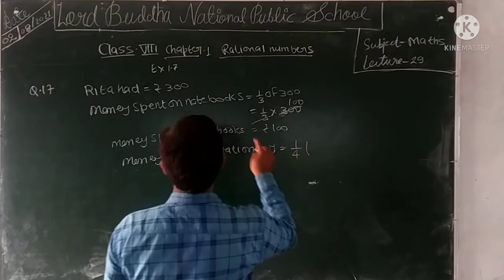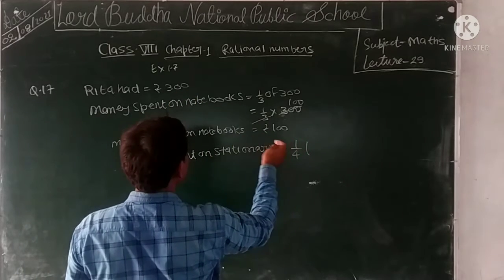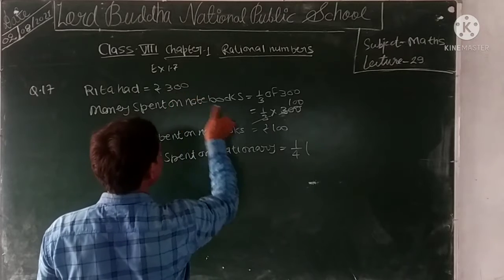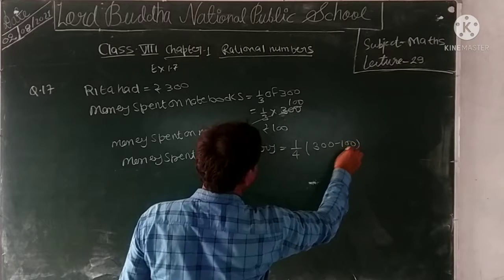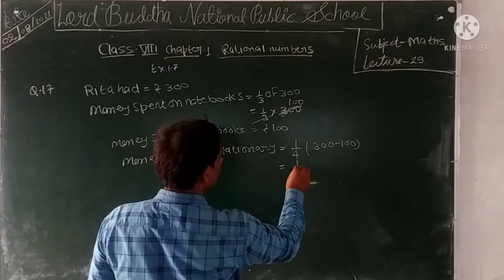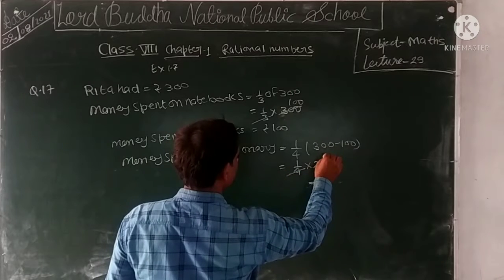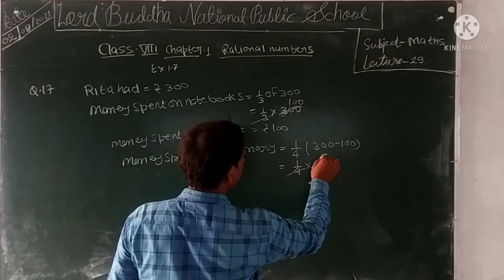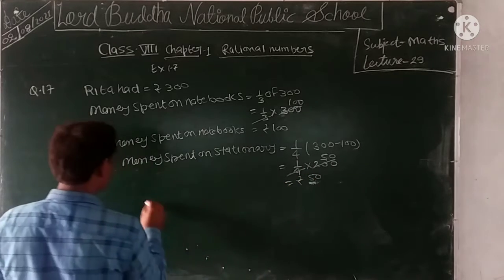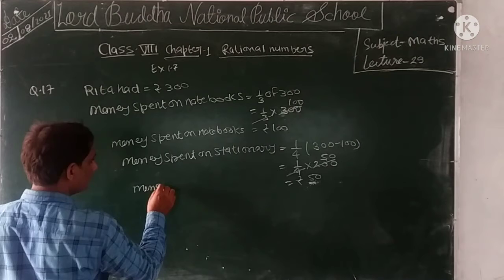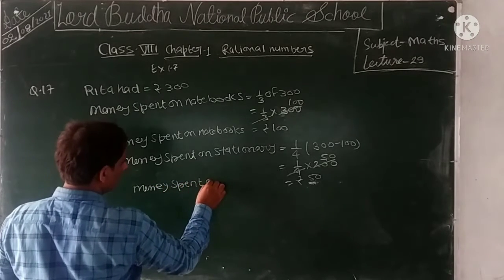Total is 300 and she spent 100 on notebooks, so the remaining money will be 300 minus 100, equal to 1/4 into 200. 4 5s are 20, means rupees 50. Money spent on stationery.